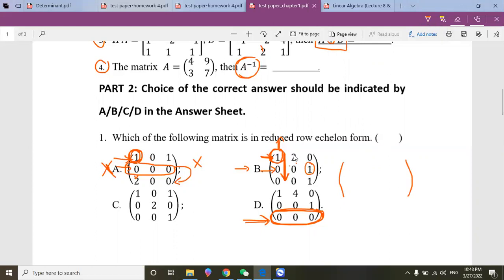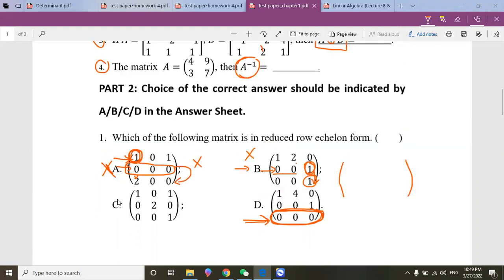Because the first two entries on the second row are 0. That means our pivot point is here. But the entries below this pivot point are not 0. You can see here we have 1. So that's why this is not RREF, okay?